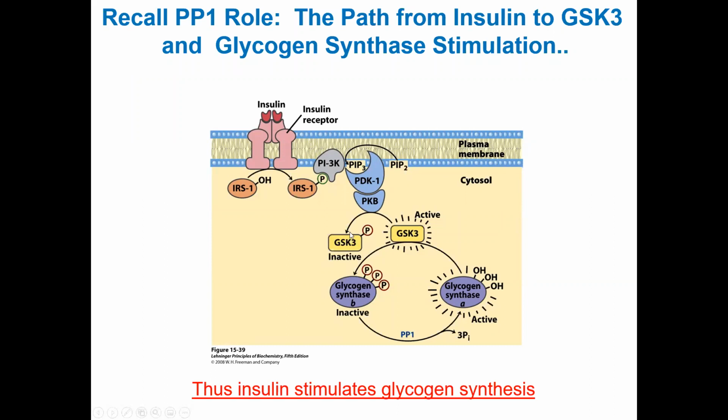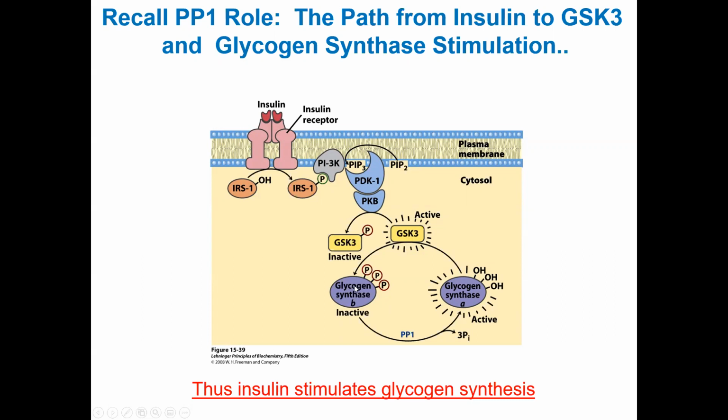And so how does insulin stimulate glycogen synthesis? Remember, glycogen synthase itself is active when it is not in the phosphorylated form. When it is in the phosphorylated form, which is glycogen synthase B, it is inactive.